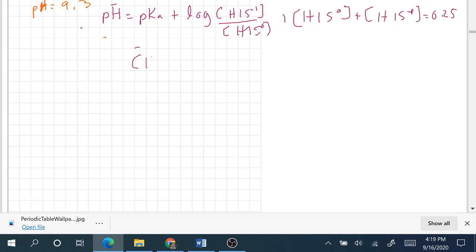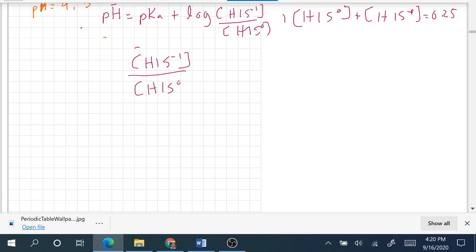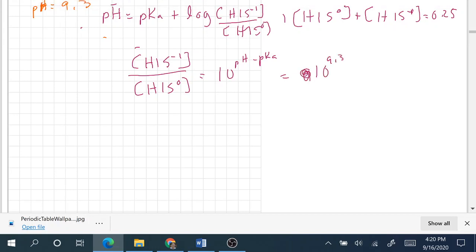So, His minus 1 over His 0 is equal to 10 to the pH minus pKa is equal to 10 to the 9.3 minus 9.2 is equal to 10 to the 0.1, which is 1.26.